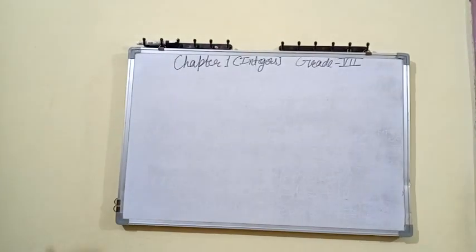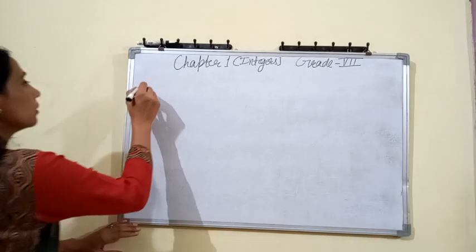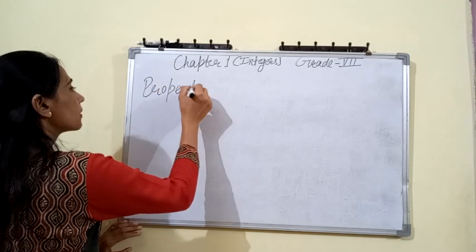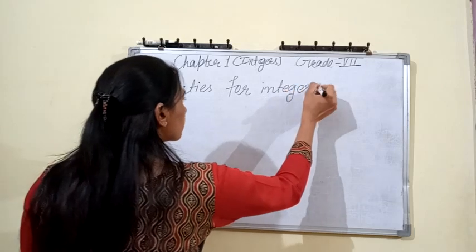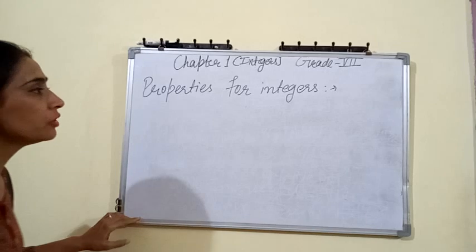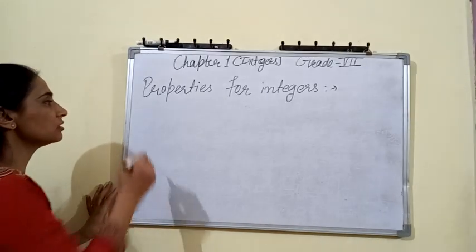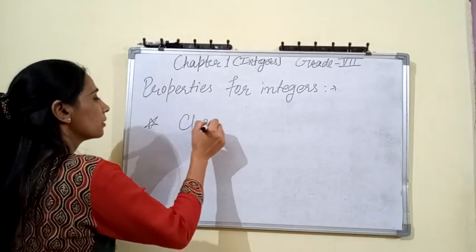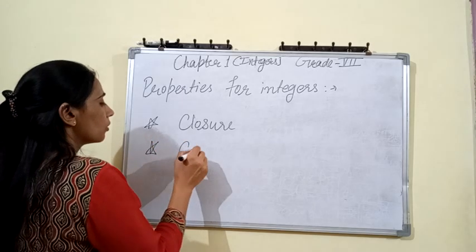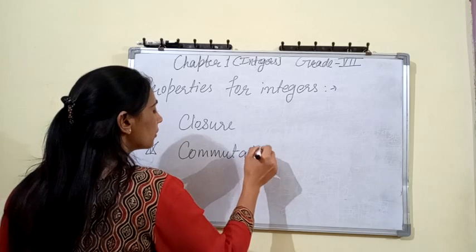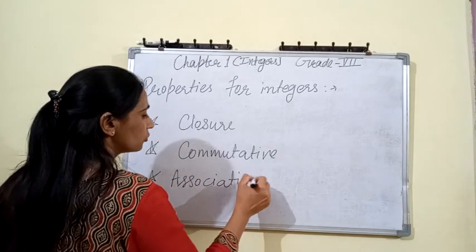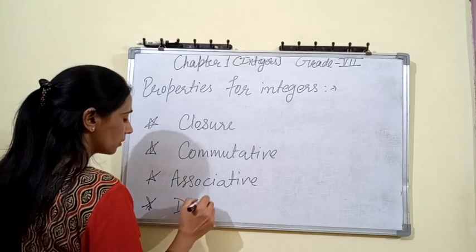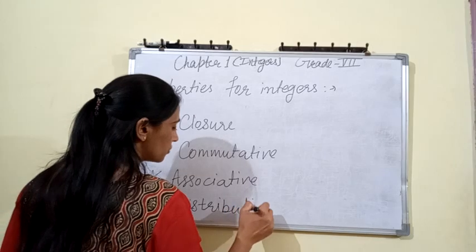So next is properties for integers. In this chapter we will do some properties of integers. Those properties are closure property, next the commutative property, third the associative property, and last the distributive property.